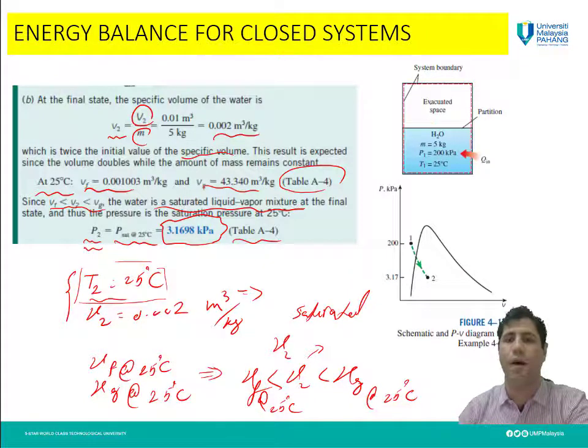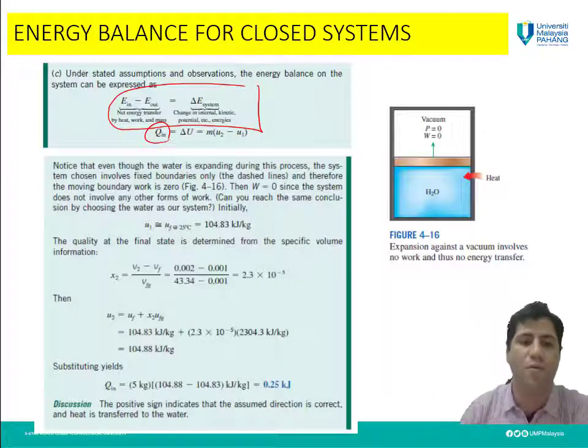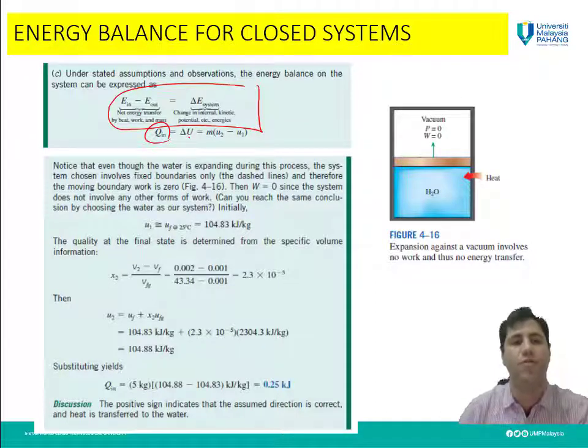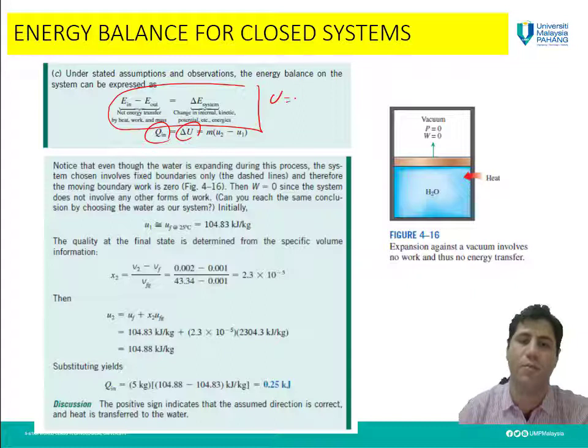No movement, no boundary work, nothing. So we have only heat transfer, Q in equal to delta U, which is the internal energy, and internal energy will be like this. This is specific internal energy times mass of the system.